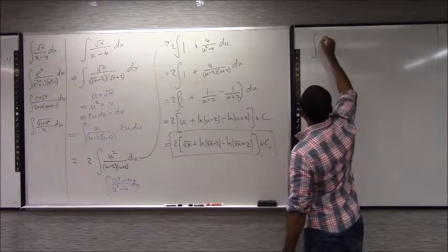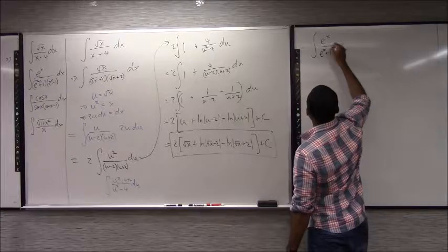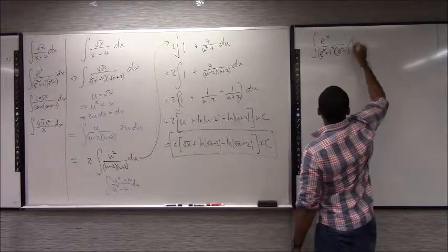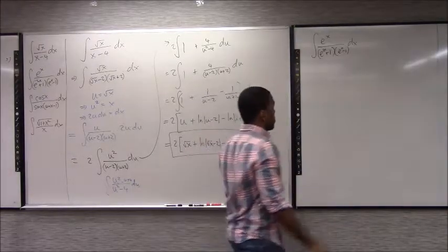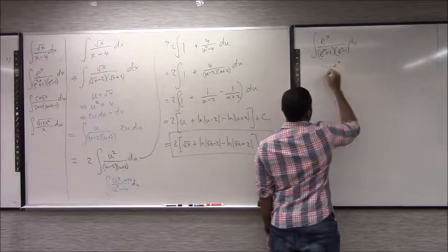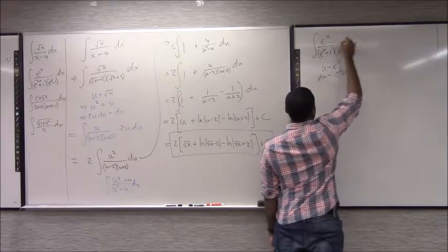So you had something like e to the x over e to the 2x plus 1. How do you approach that? First I would do u equals e to the x, so my du is equal to e to the x dx. That's right here.